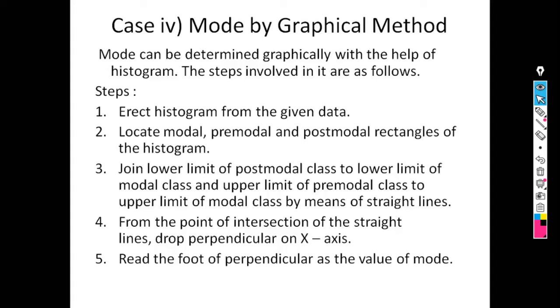Mode can be determined graphically with the help of a histogram, and as we know the definition of histogram is: it is a series of adjacent rectangles erected on x-axis with class interval as a base, and frequencies are to be represented on y-axis. So we can draw the mode by using the histogram.